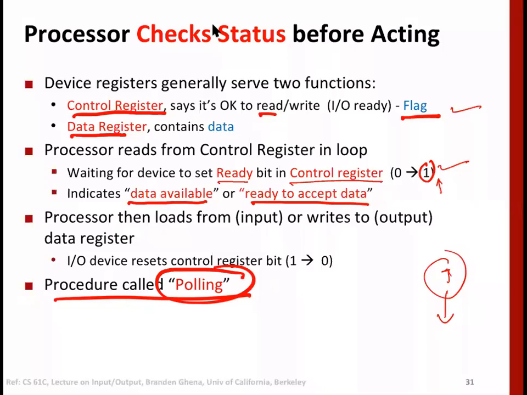Okay, so for example, can you give a real life example for this one, polling? Okay, say for example, a postman comes to your house, wants to deliver a letter, and there is a small box outside, right?